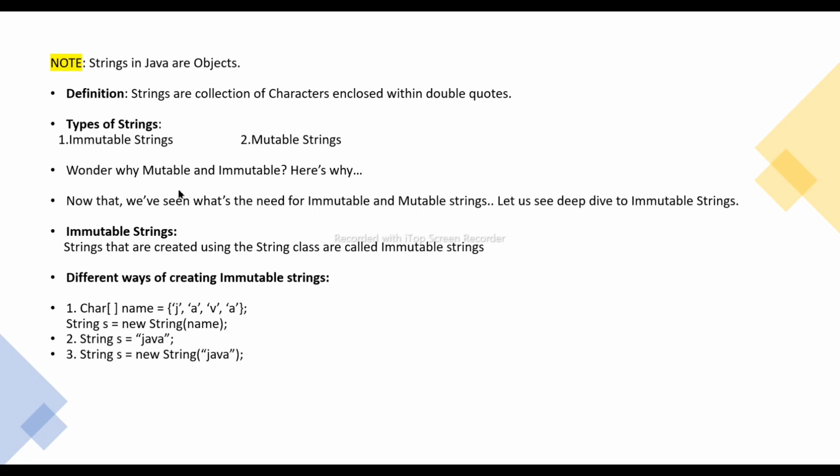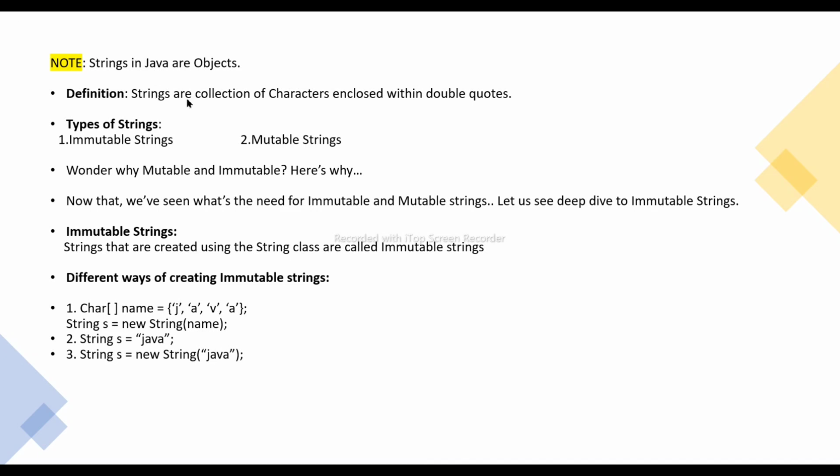Now, right from the beginning, I kept on saying that strings are objects in Java. I am just reminding you of that point, to make sure we are on the same page. Now, what is the definition of a string? All the points I have told you will be combined here, and we will define what a string is.